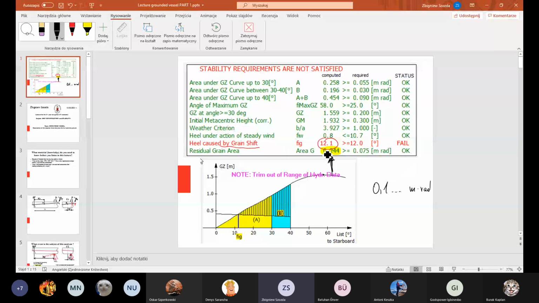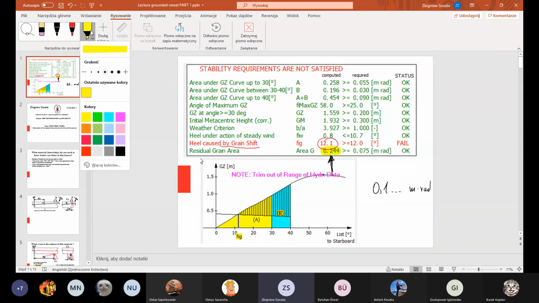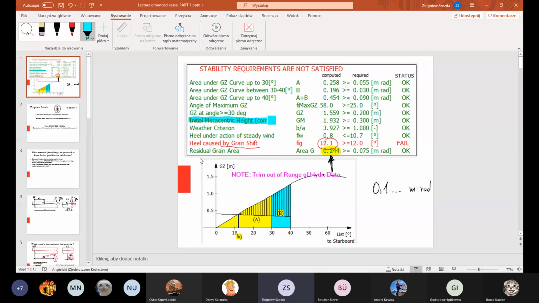And I really don't remember what was the result with regard to initial metacentric height. The computer says 1.9 and something. Please confirm or say whether your result was the same or different. I don't remember that number. Yes, it was exactly the same.